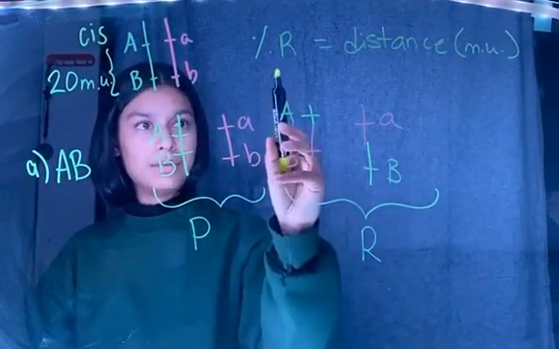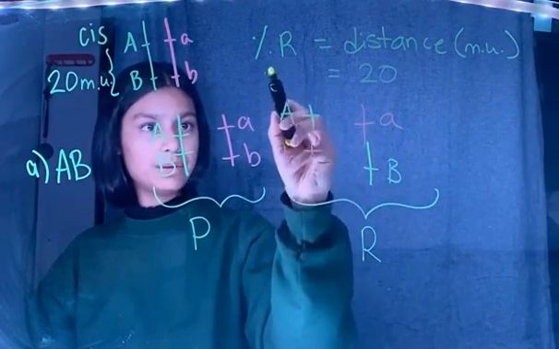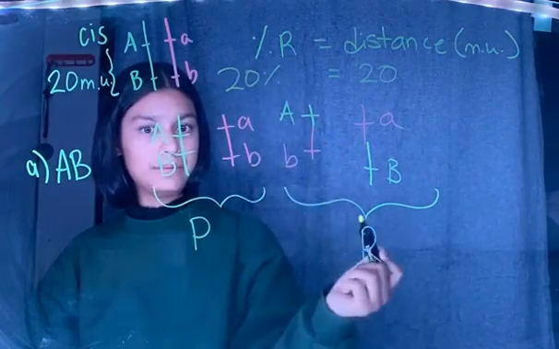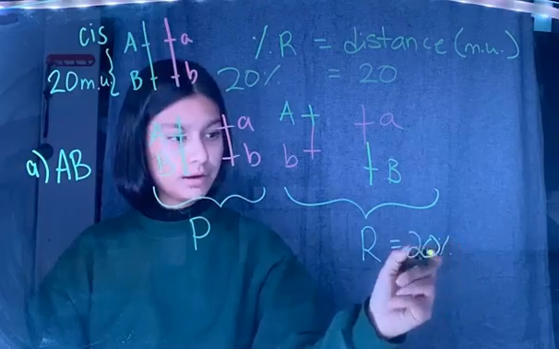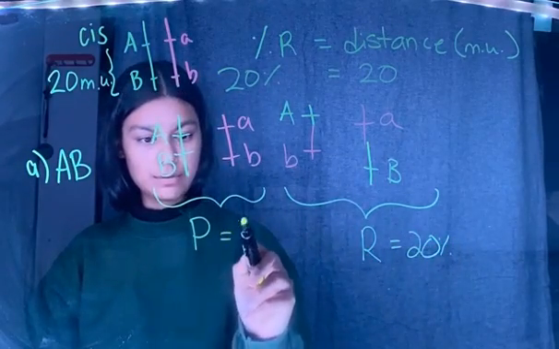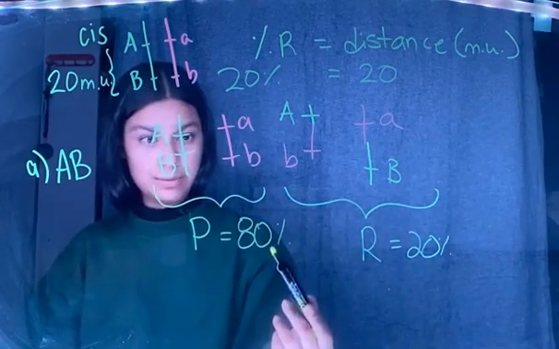So if the distance is equal to 20 map units, the percentage of recombination is also equal to 20. This means that 20% of our gametes will be these 2 types, and the parental, which is the rest, will be 100 minus 20, which is 80%.